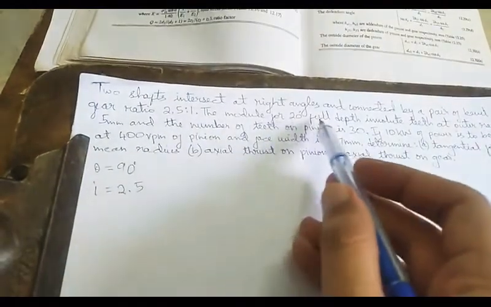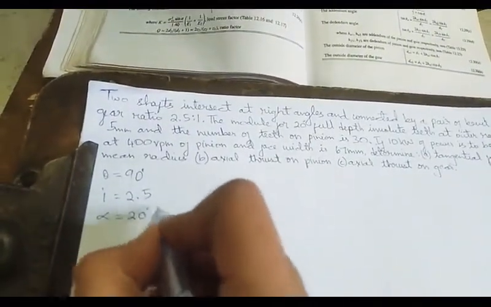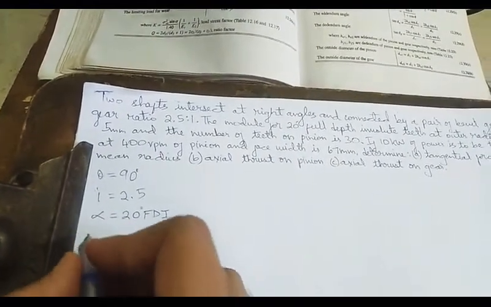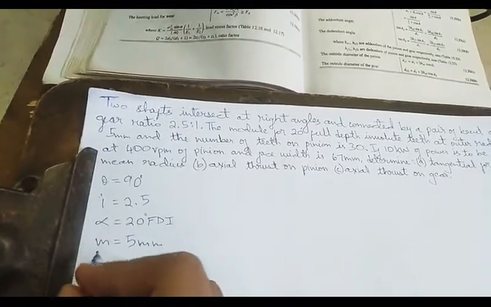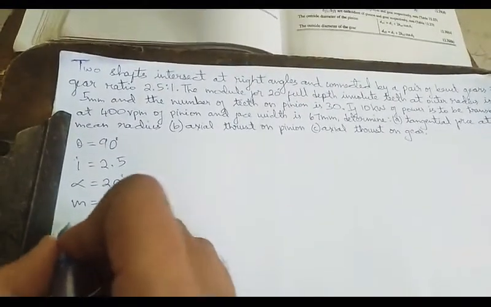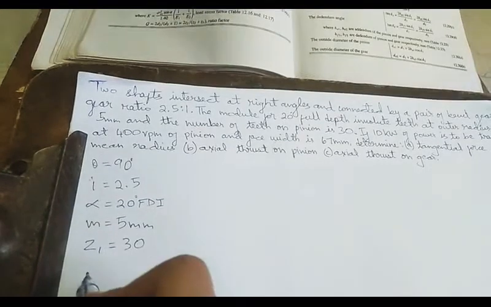The module for 20 degree full depth involute at outer radius is 5 mm. Alpha is 20 degree, module is 5 mm. The number of teeth on pinion is 30. The number of teeth we shall take as Z1 for pinion and Z2 for gear.